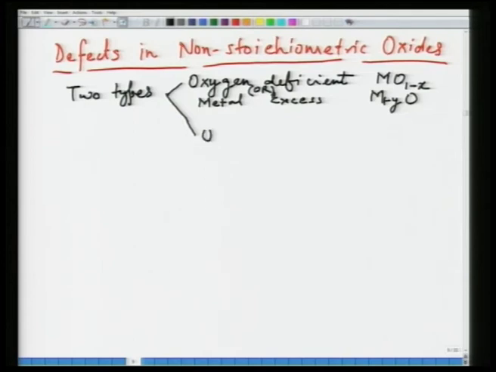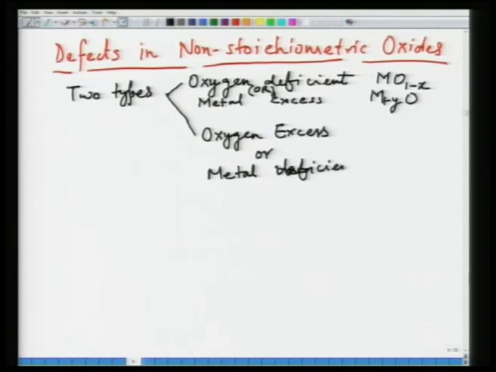your oxygen excess or metal deficiency. So, oxygen excess would be MO1 plus X or Y or delta.